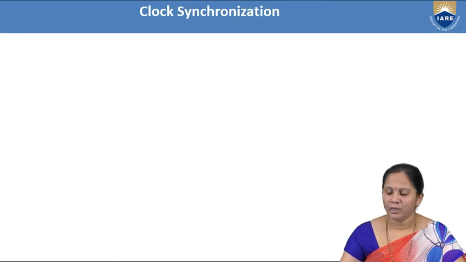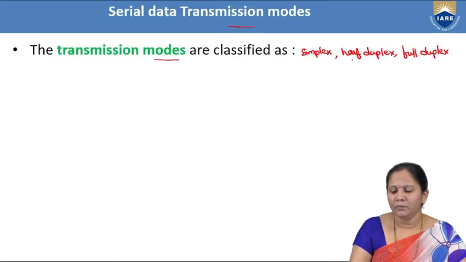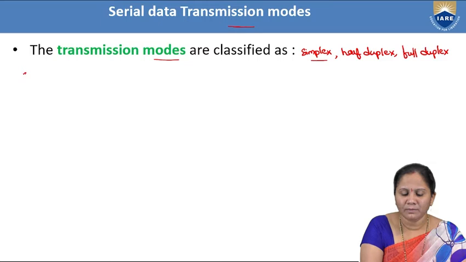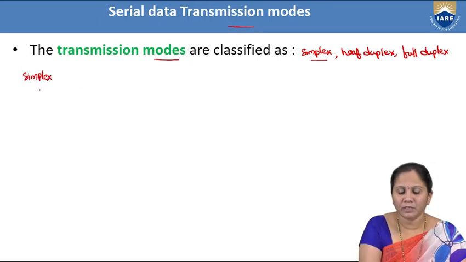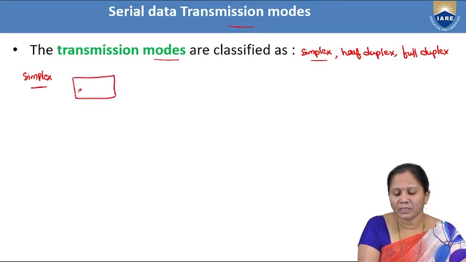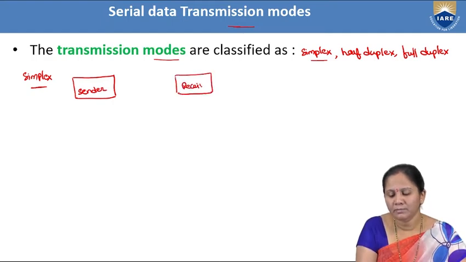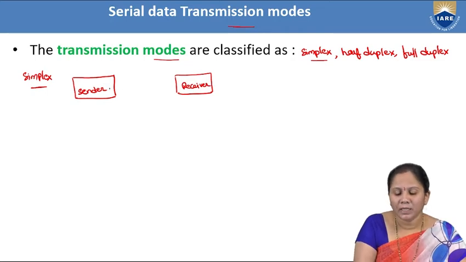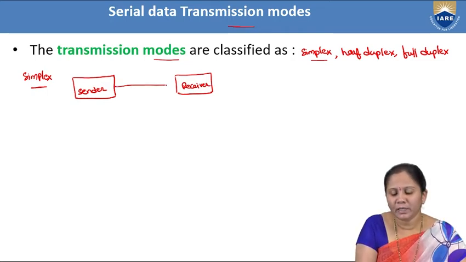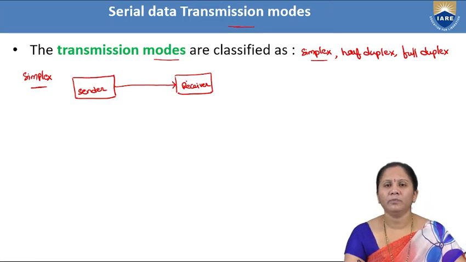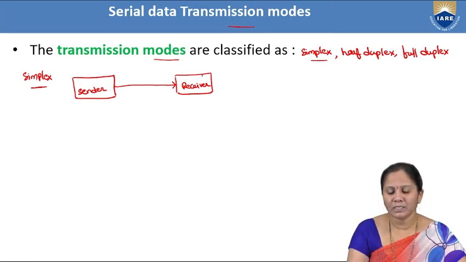Now, if it is a simplex communication, generally how the communication will be means, here if we consider a sender and this is the receiver, in the simplex communication, the data will be transmitted only from one end. It is called one-way communication.